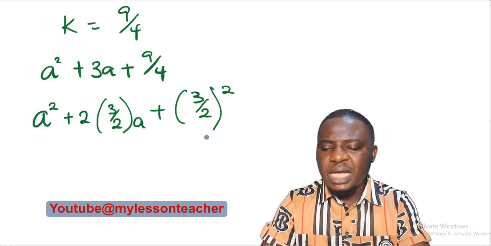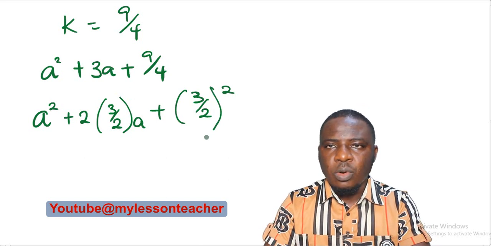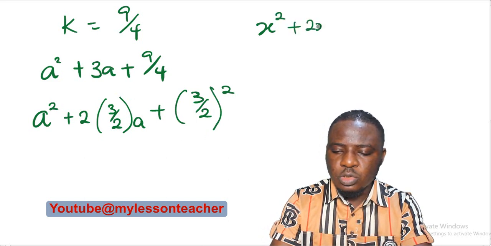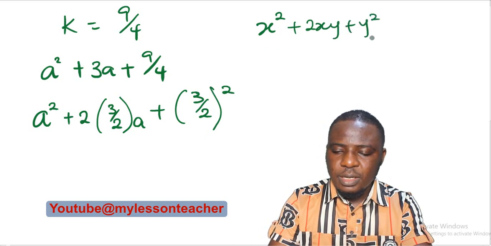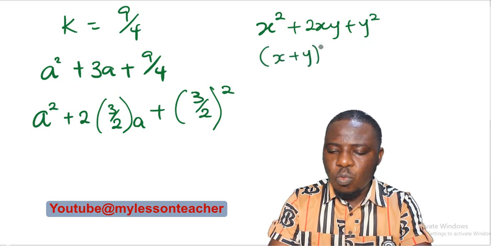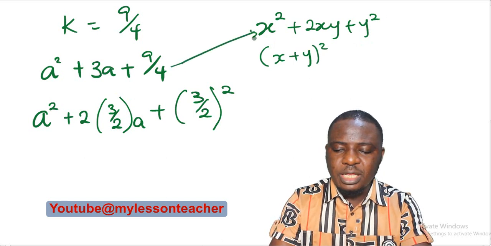Remember, at the last class, which is the first class, we said if a quadratic expression can be expressed in the form x squared plus 2xy plus y squared, it is said to be a perfect square. And this perfect square can be factorized into x plus y all squared. So all I did was to write this expression in this form.